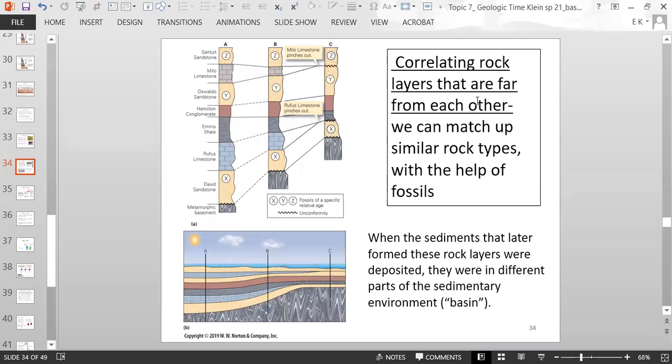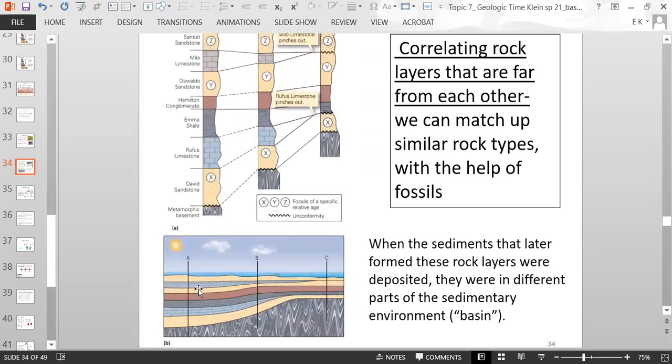So now we can start to correlate rock layers that are far from each other. We can match up similar rock types, especially with the help of fossils, if fossils are present. So down here, you have this area that shows you different rock layers. When the sediments that later formed these rock layers were deposited, they were in different parts of a sedimentary environment or a sedimentary basin.